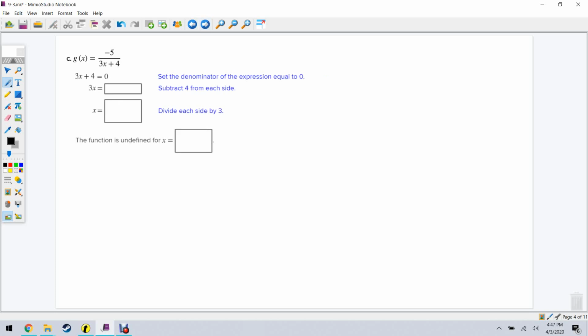1c, let's see what the 1c says. Same thing here. If you are looking for the excluded value, 3x plus 4 is 0. You subtract 4 from both sides and divide by 3, as instructed over there. So you get negative 4 over 3 is not part of the domain, so it's the excluded number.